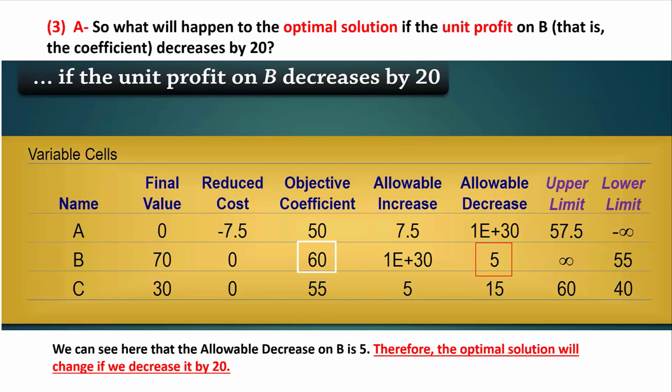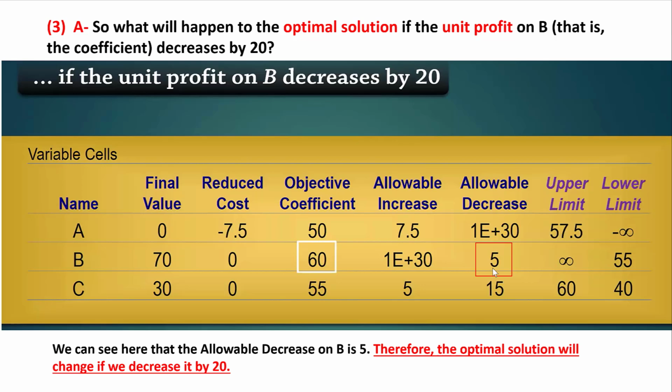Returning to the third requirement: what will happen to the optimal solution if the unit profit on B decreases by 20? We can see in the first table for B, the objective coefficient is 60, the allowable increase is 1E+30, and the allowable decrease is 5.